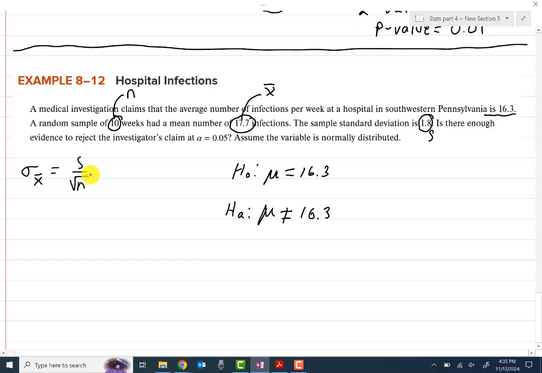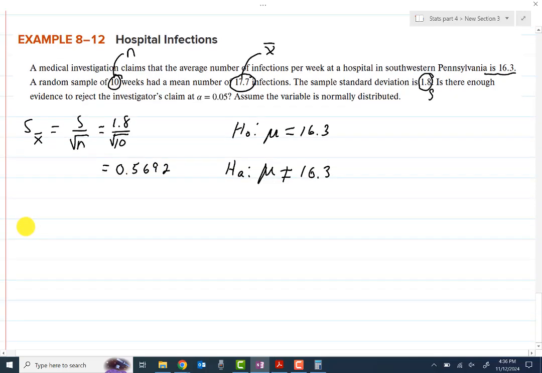And I should probably be on the safe side here too. The way they generally put it is this, to indicate that it is derived from the sample and that it's not taken from the population itself. So let's put this information in. We have 1.8 divided by the square root of 10. All right, I've got that.